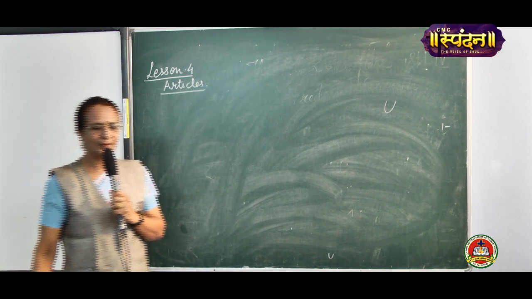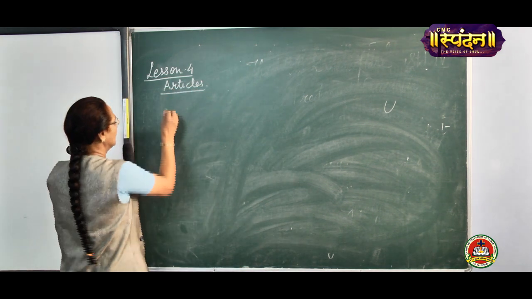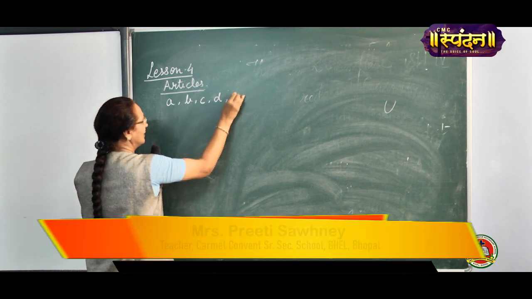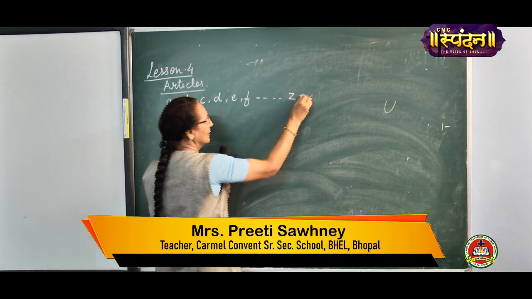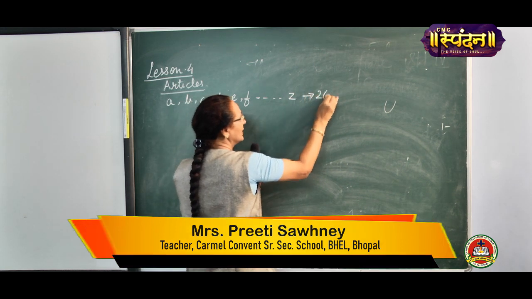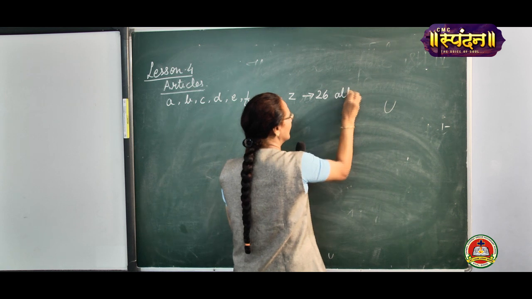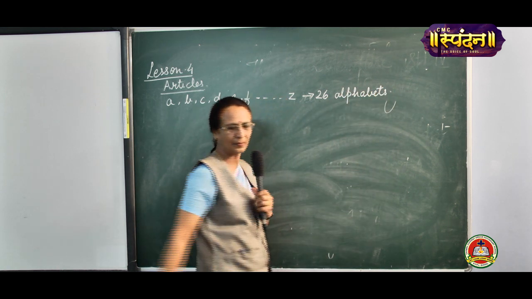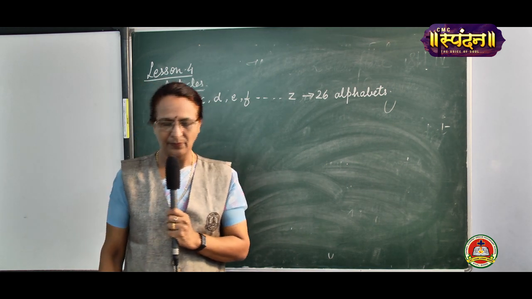You all know, children, that from A, B, C, D, E, F till Z, we have 26 alphabets. How many alphabets? 26.